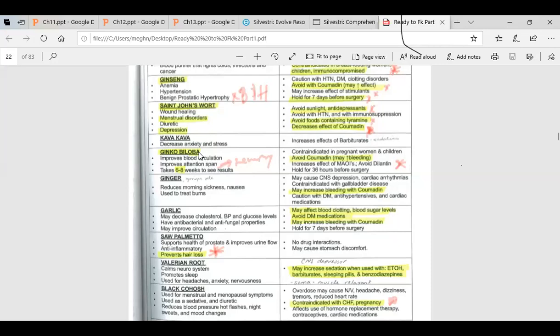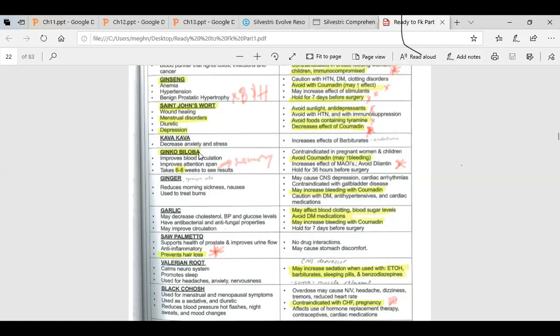Again, the herbal medications starting with G, like ginseng or ginkgo or ginger or garlic, all of them interact with blood thinners, warfarin, Coumadin, or heparin. So if a patient takes a blood thinner, tell them not to take herbals starting with G, like ginger, ginkgo, or garlic. Okay.